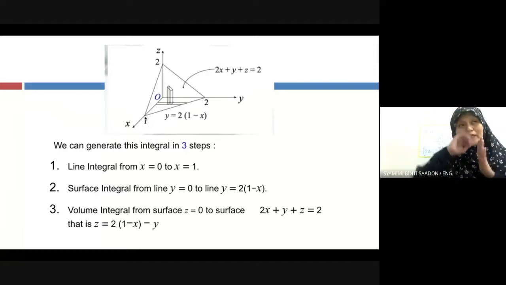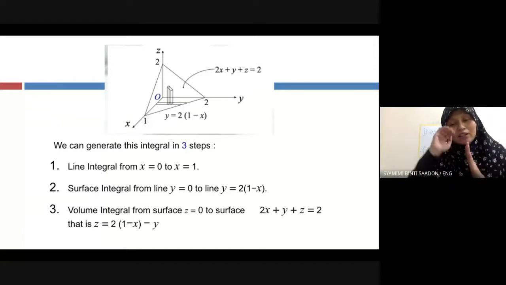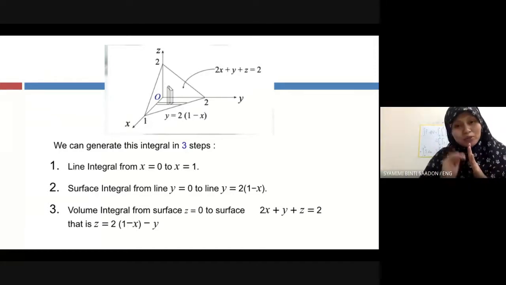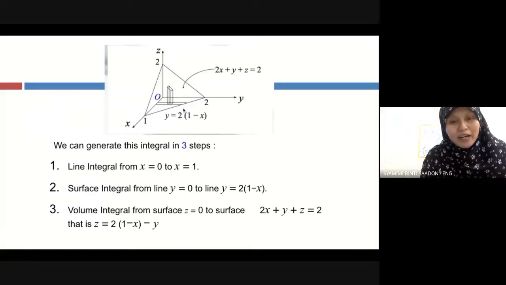So we have to do the integral later on for x from 0 to 1. But for y, the integration is from 0 until this line, where this line is 2(1 minus x), because z equals 0, this plane z = 0, so we have y equals 2(1 minus x).